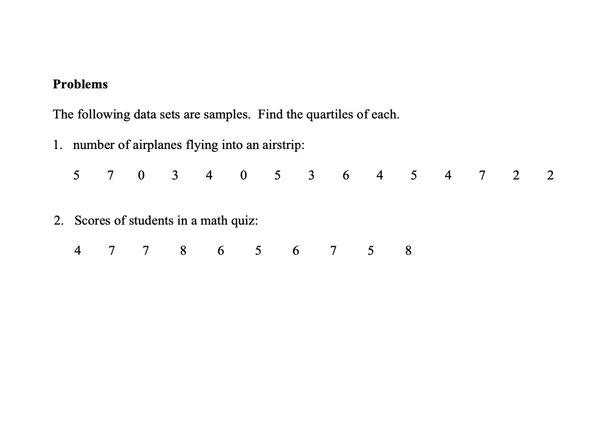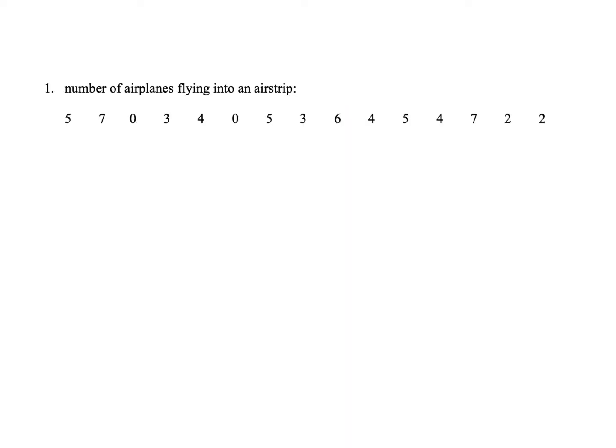Now, we will use the same data set that we used earlier, but this time we are going to look for the quartiles. Just like finding the median, the first step in finding the quartiles is arranging the data set from least to greatest. One way of going about this is to find the second quartile first, which is equivalent to the median.